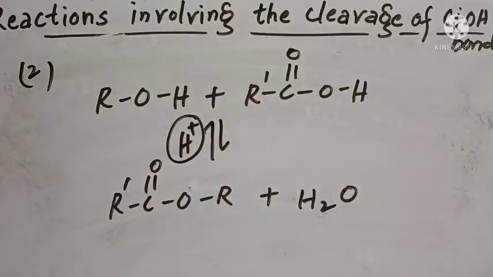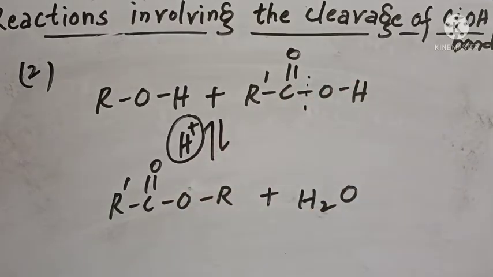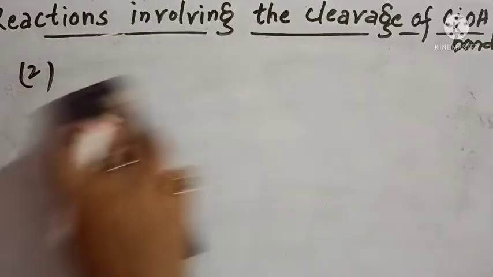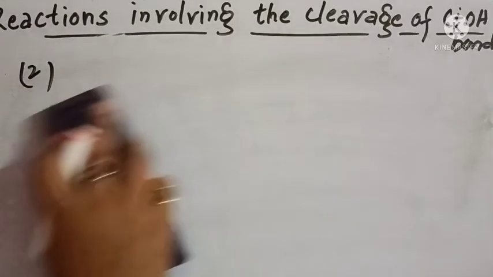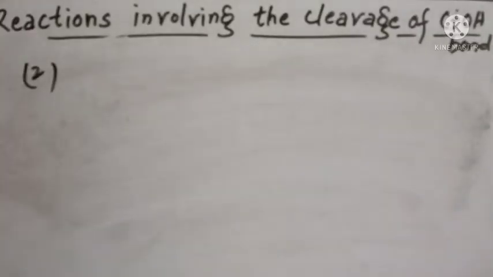So now let us see the mechanism, how actually the reaction takes place to give you the ester, and how the cleavage of carbon and oxygen bond takes place. As the reaction takes place in presence of an acid, that will act as a catalyst.